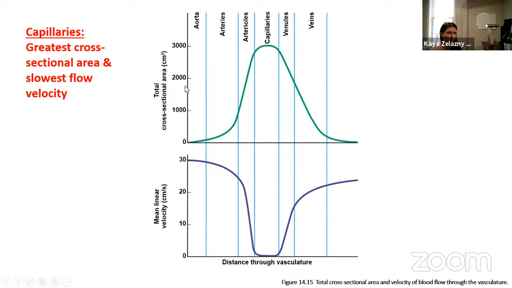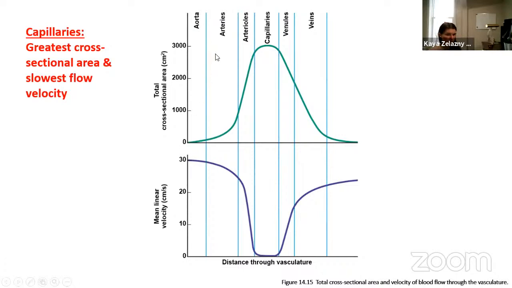Okay. We can see that this cross-sectional area is directly the opposite of the velocity of blood through these vessels. So we have really fast blood through the relatively small aorta, because the aorta is just one blood vessel, right?